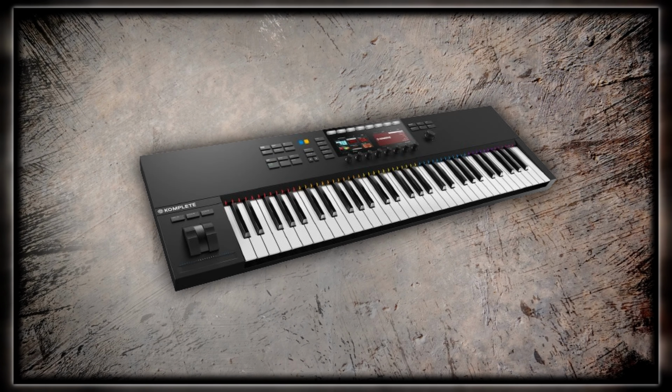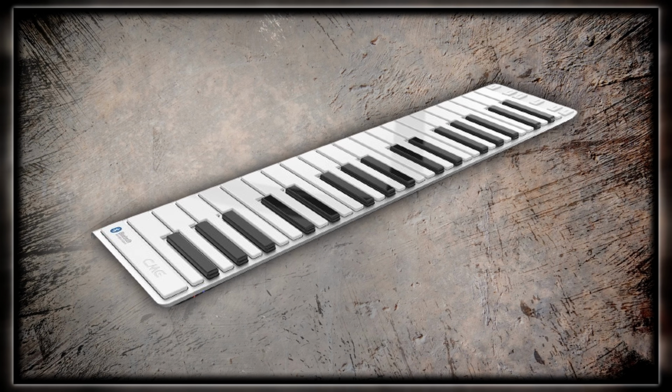Now, here in my studio, I don't have any drum pad MIDI controller, but I have two different types of MIDI keyboard. I have the Native Instruments Komplete Kontrol 61 MK2, and I also have the X-Key Air by CME, which is a really good option in terms of space, as it's really thin, and it's also a really good option if you are planning on traveling a lot.